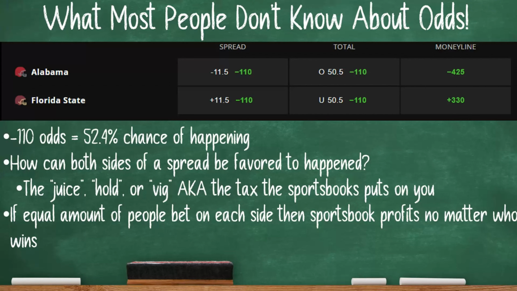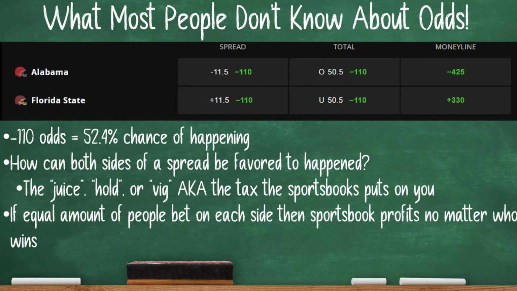So they collected $220 and they're going to pay somebody $210, right? Their original $110 they used to make the bet, plus their $100 winnings, and they're going to come away with $10. Now, multiply this by millions and millions of bets, and you can see here that the sportsbook sort of has an easy way out to profit.